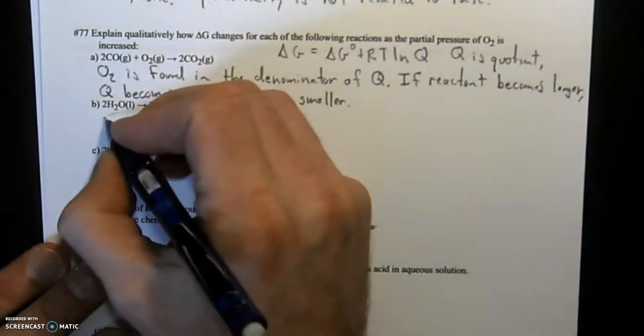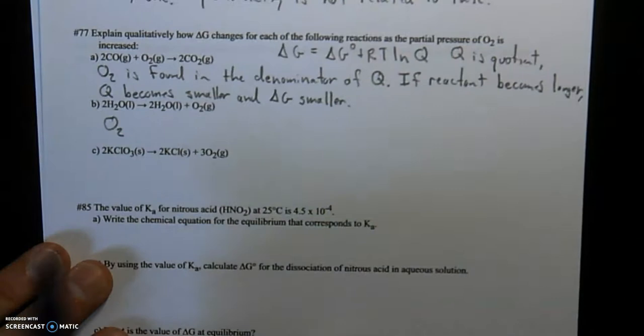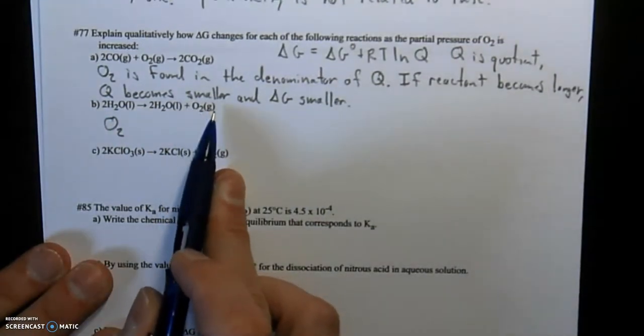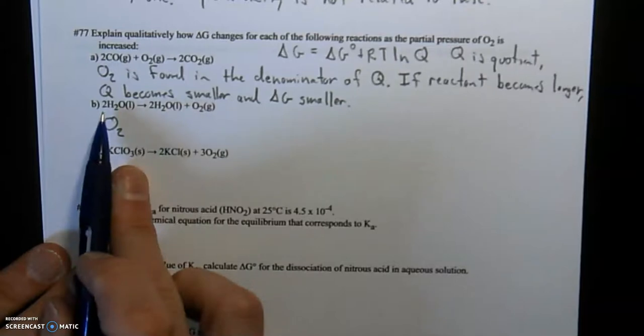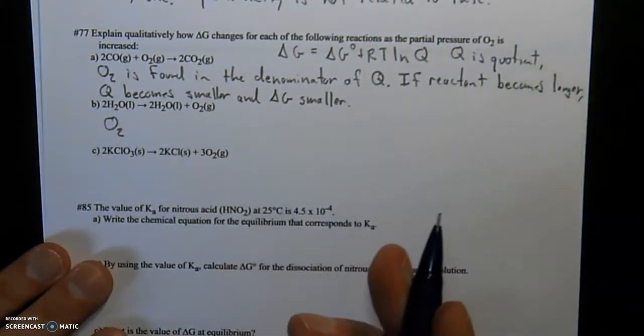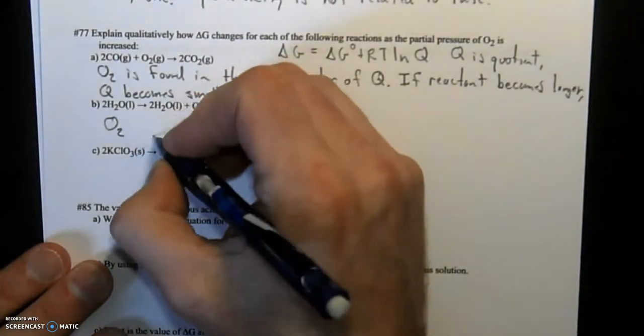All right, same idea. Looking at oxygen in part B, oxygen is a product, so it's going to shift to the reactants as a result of that disturbance. If we do that, it's going to become less spontaneous, and I would expect delta G to become larger or more positive. I'll go ahead and write that down.